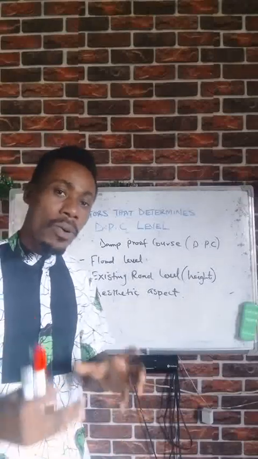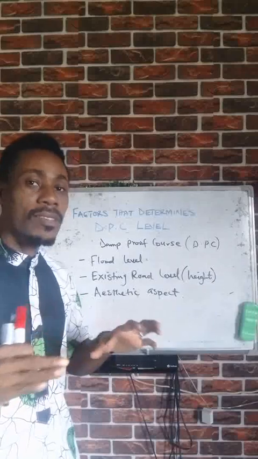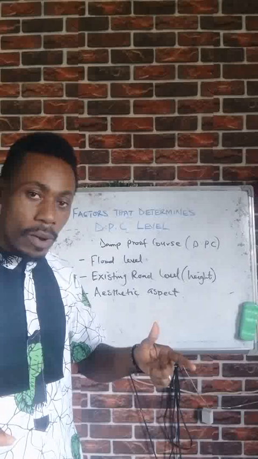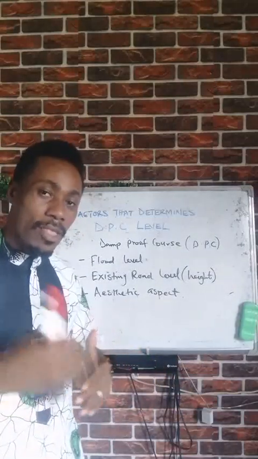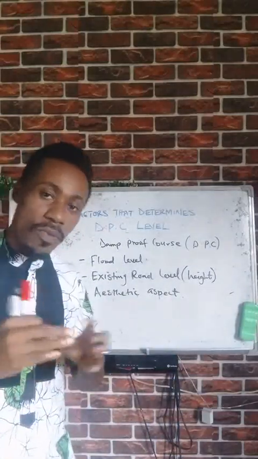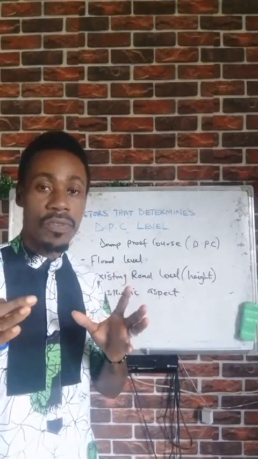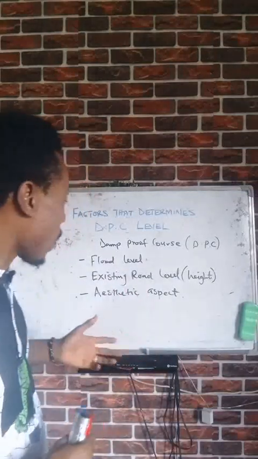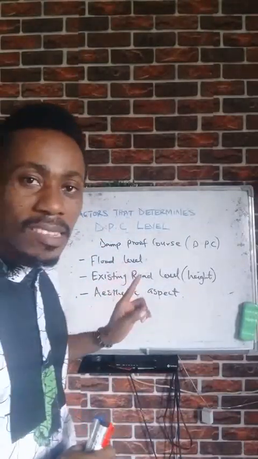This is because getting to that porch is usually seen as where the plinth beam runs, and that is the DPC level. So the number of steps before you get to the porch already shows the height of DPC, and that gives some level of aesthetics to our building. So sometimes we raise our DPC level because of the aesthetic aspect of it.